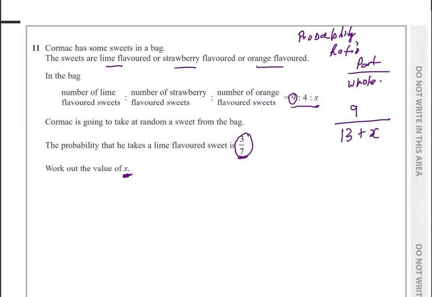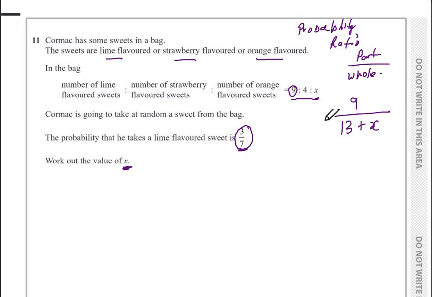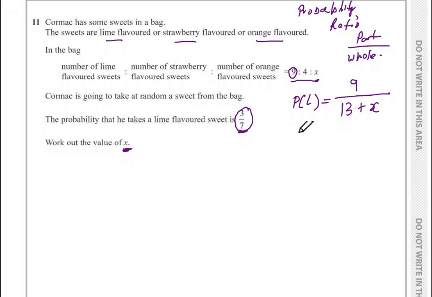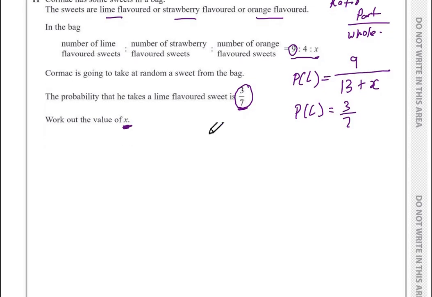So now we have two probabilities for picking a lime flavored sweet, one in the form of 9/(13 plus x), and one in the form of 3/7. Since both equal the probability of picking a lime flavored sweet, then 9/(13 plus x) must equal 3/7.